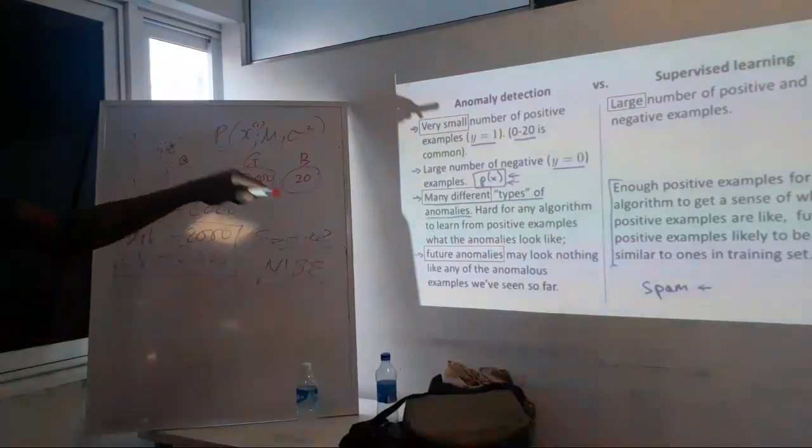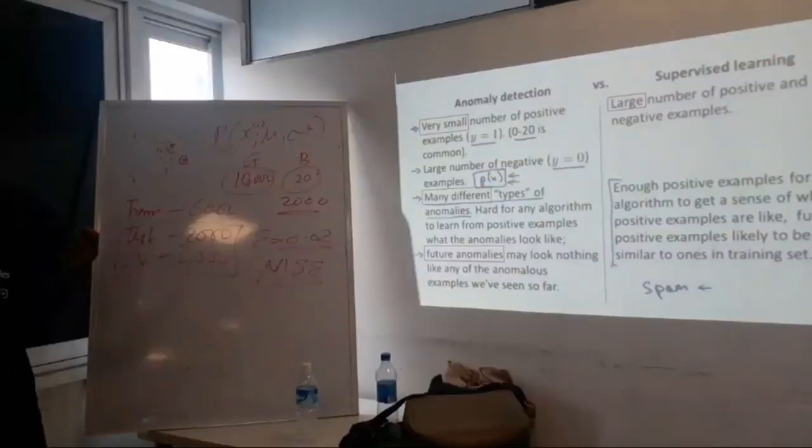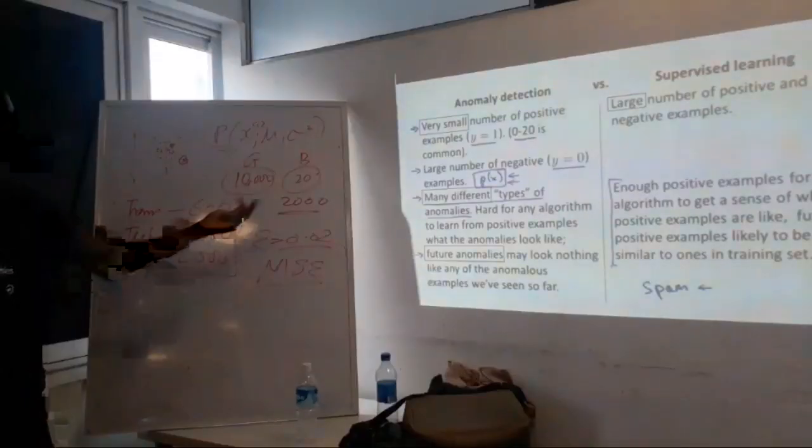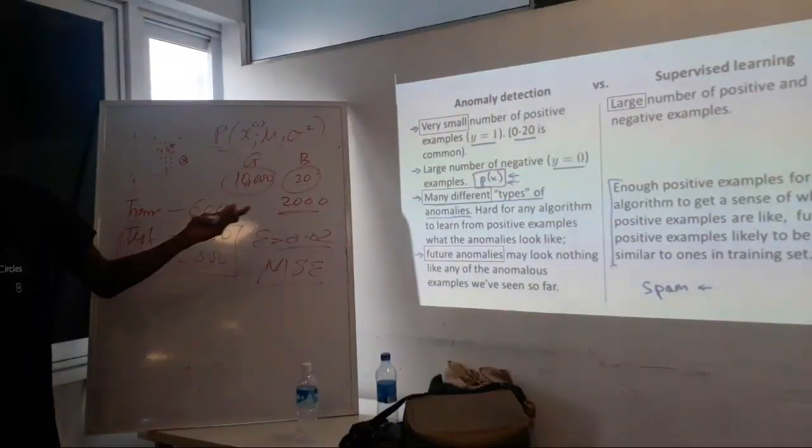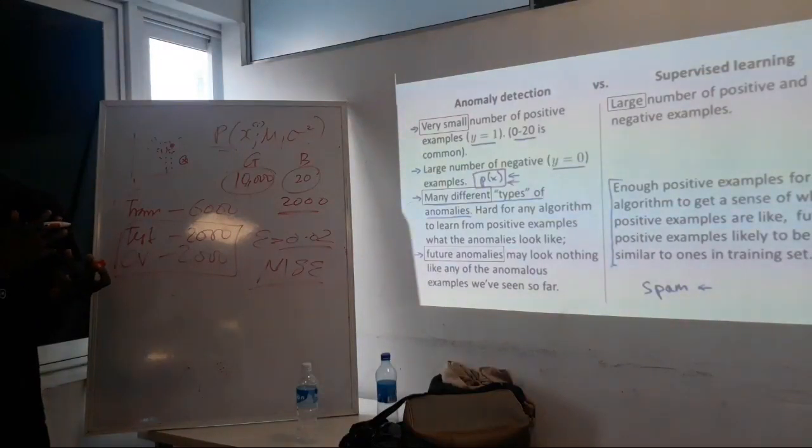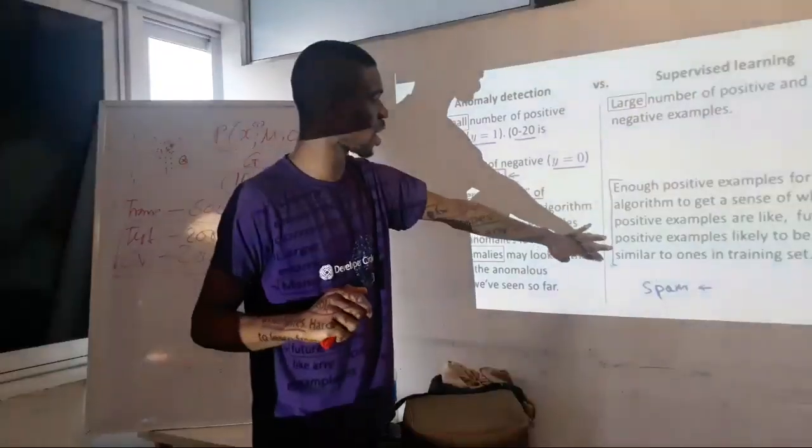So with respect to supervised learning, we can apply it when you have enough positive examples. Does this make any sense? Spam detection is like that.